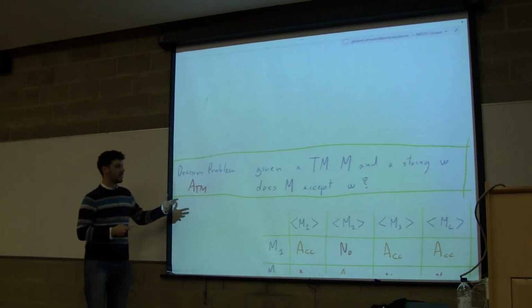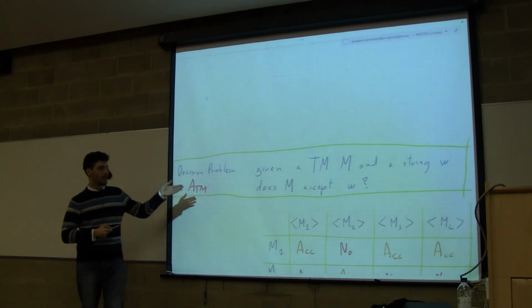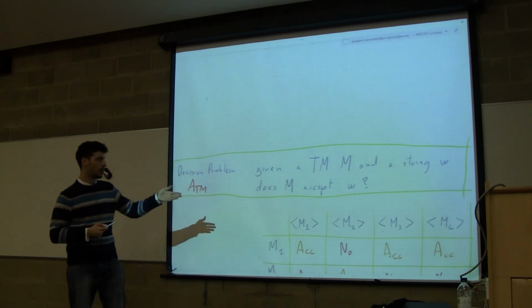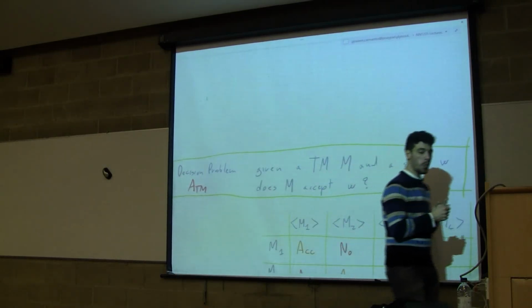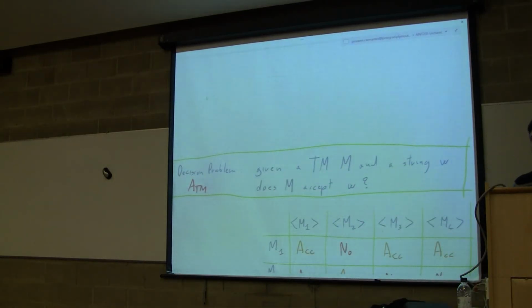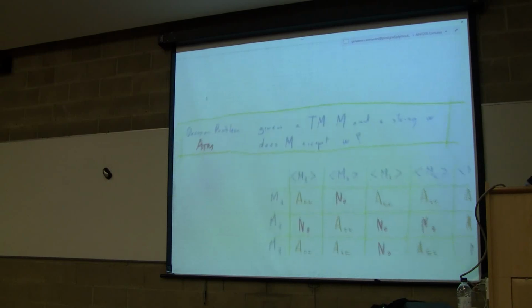So that means that if I give you a Turing machine M and a string W, the problem of does M accept W, is it decidable? Is it not decidable? The problem is, if it is not decidable, then you have to live with that. It's just a problem you cannot give any answer to, because you don't have anything better than a Turing machine to tackle it. You cannot move outside the TM land.